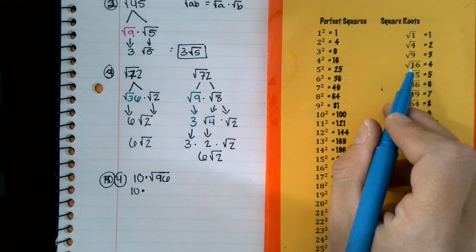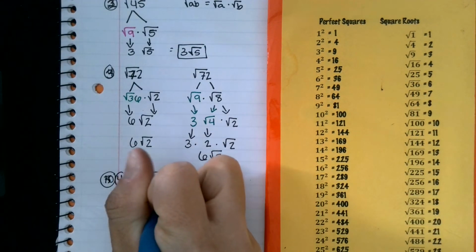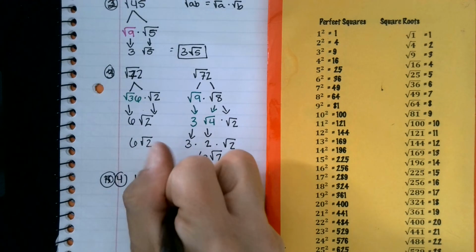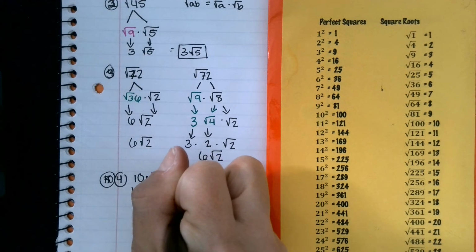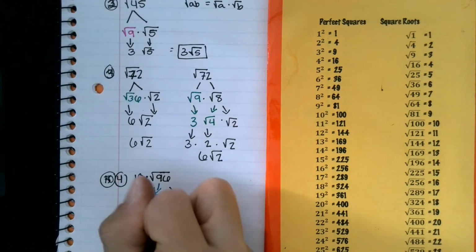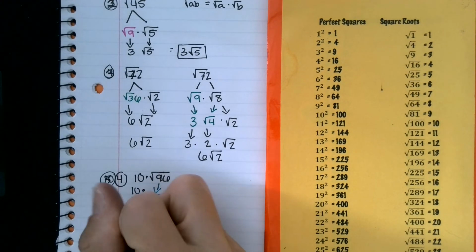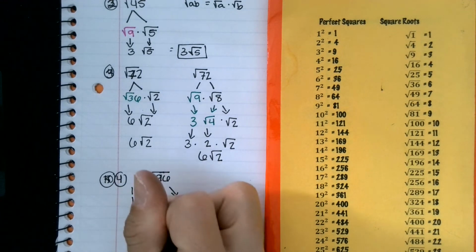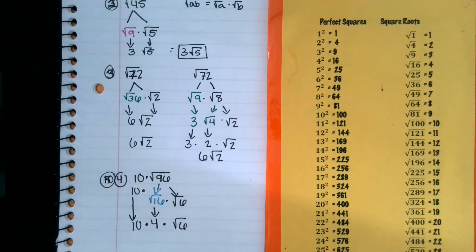It does, in fact. So we can simplify this into the square root of 16 times the square root of 6. So we know the square root of 16 is 4. There's also this 10 out front, so I have 10 times 4 times the square root of 6. 6 is not a prime number, but the only factors of 6 are 1, 2, and 3.